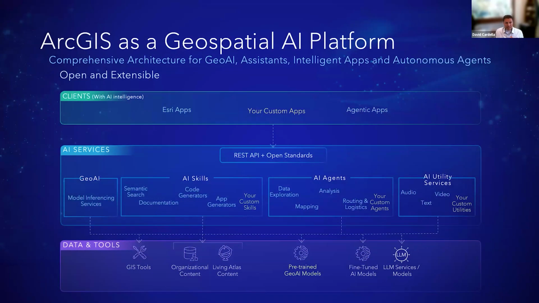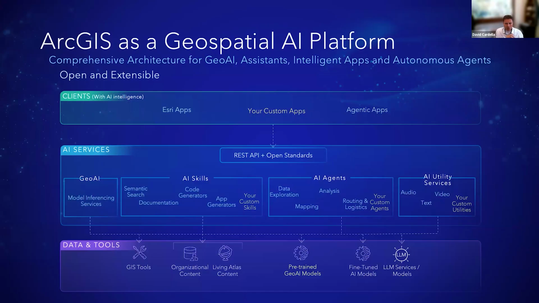So ArcGIS is a geospatial AI platform, and it has an architecture that's very similar to the multi-tiered architecture we saw earlier, and it fits in quite nicely. At the data tier, this includes pre-trained GeoAI models, large language models, and content from the Living Atlas.